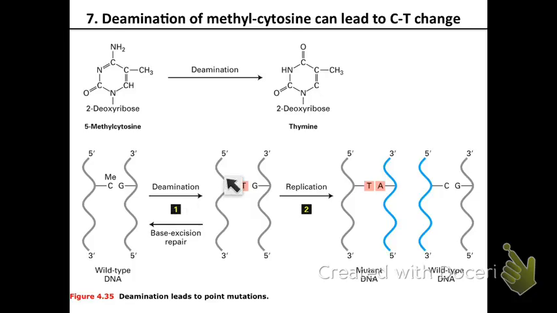But sometimes it doesn't get repaired in time, and if this double-stranded DNA goes through replication, the strands are separated, and the replication machinery puts an A against the T in one of the sister chromatids, and a C against the G. So one of the cells is going to inherit this chromosome where the sequence has changed, while the other cell inherits the wild type sequence. Does this make sense?